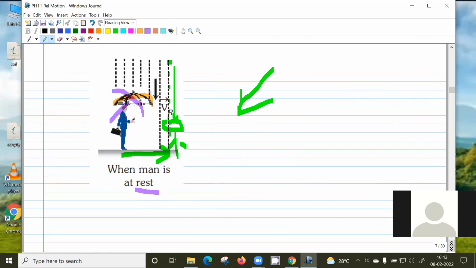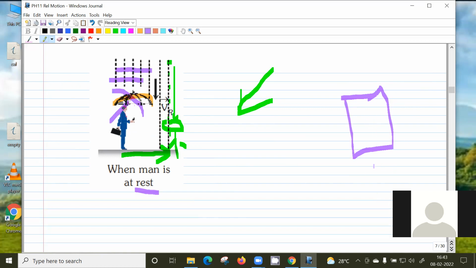Why is he not holding it like this? See, if it is this orange one, then the area of rain that is getting blocked is this much, right? If it is the purple one, the area it is blocking is a little bit less. It's the same as a rectangle or any area. Normally, the maximum area is facing the rain.